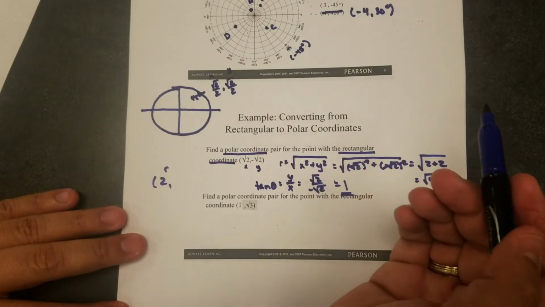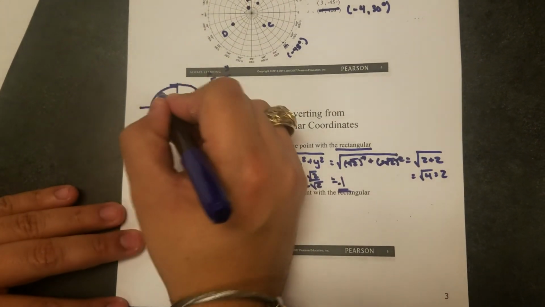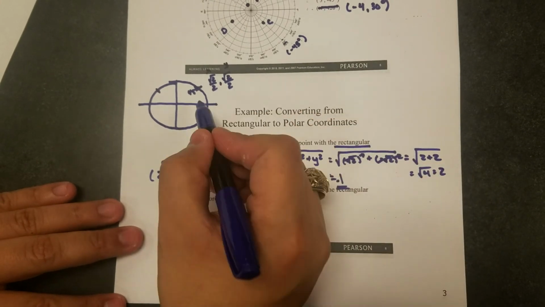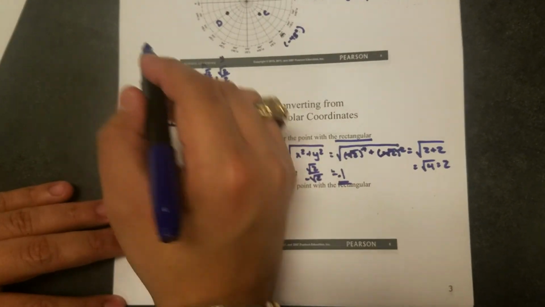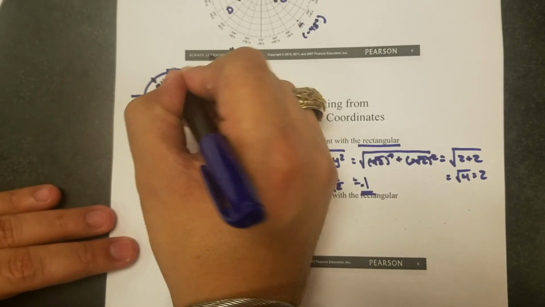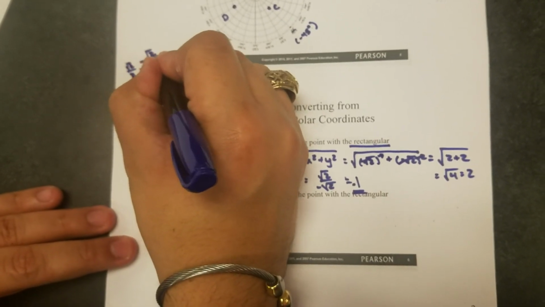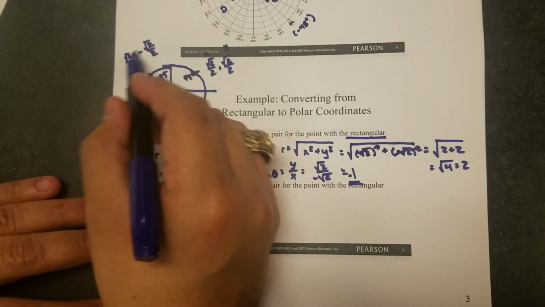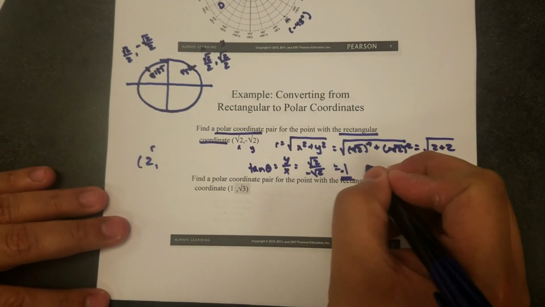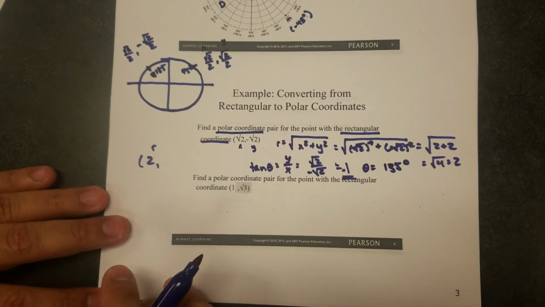This will equal 1, but I need it to equal negative 1. So remember for tangent it's just the first 180 degrees, so here at 135 degrees I have square root of 2 over 2, negative square root of 2 over 2. If I divide these two numbers, it equals negative 1. So this is 135 degrees.